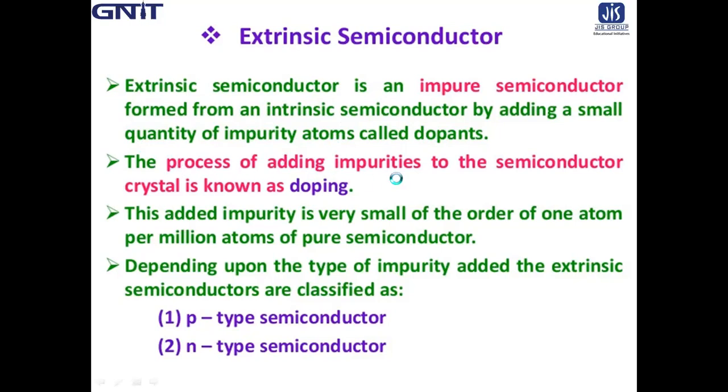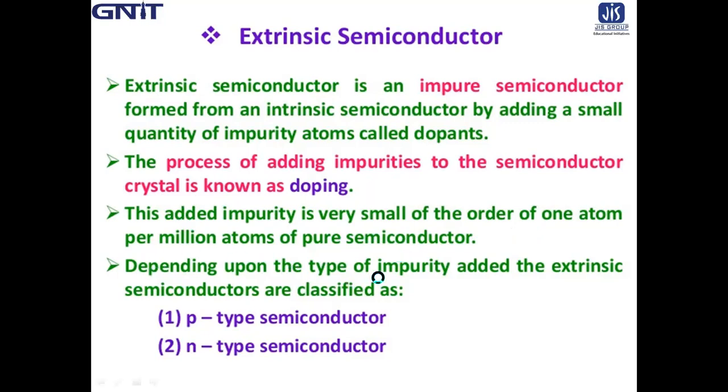The process of adding impurities to the semiconductor crystal is known as doping. The added impurity is very small, of the order of 1 atom per million atoms of pure semiconductor.